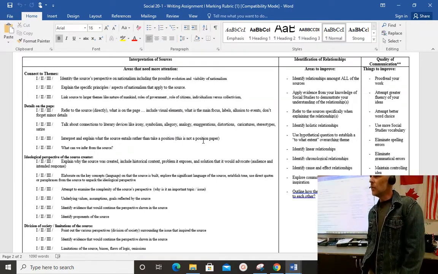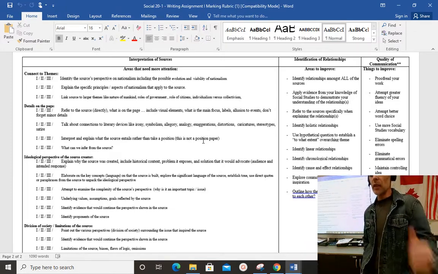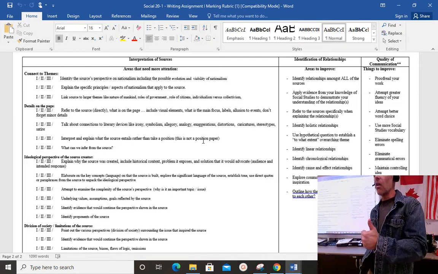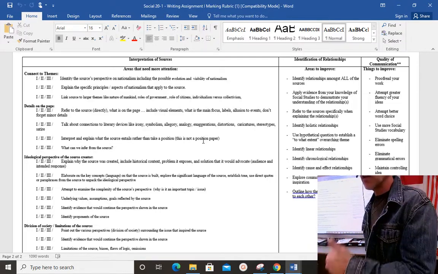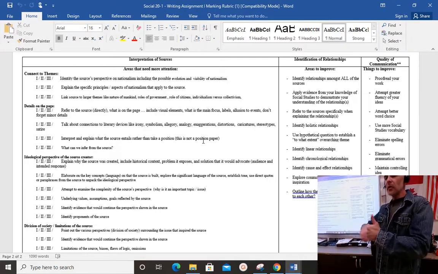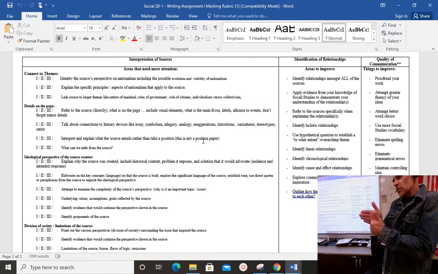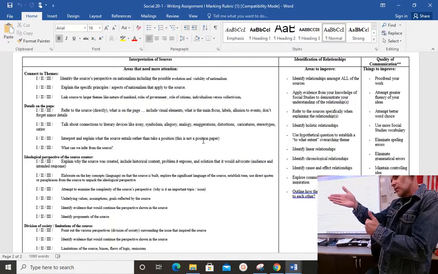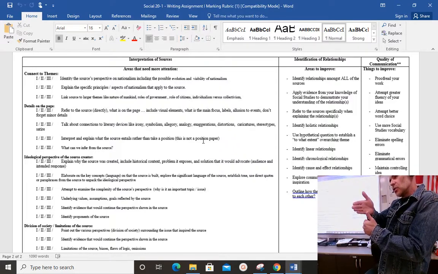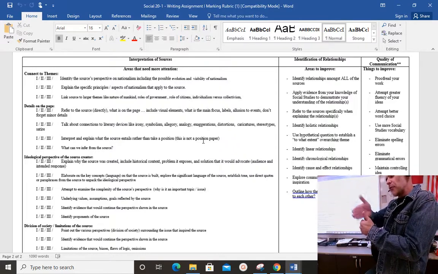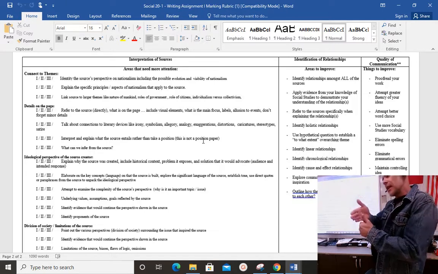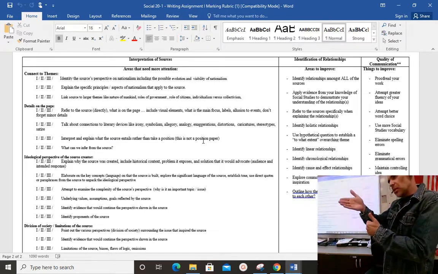So, what do you need to do well on the interpretation of source part? We want to identify the source's perspective on globalization, including the possible evolution of globalization. So is the source suggesting that we need to continue to globalize, or should we deglobalize? Should we regress? Should we move away from globalization? Are they making a comment about the viability of globalization?